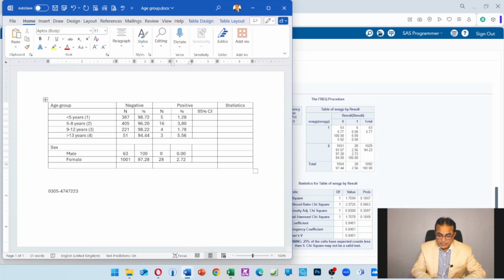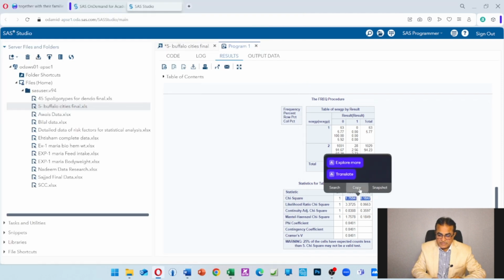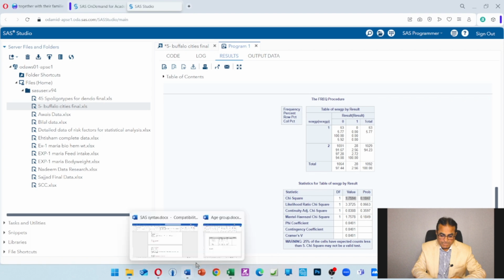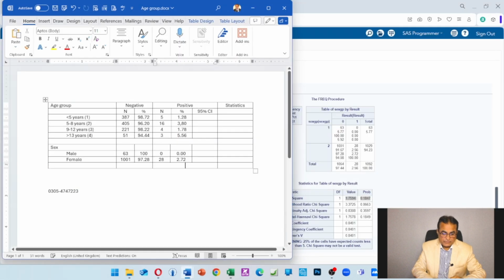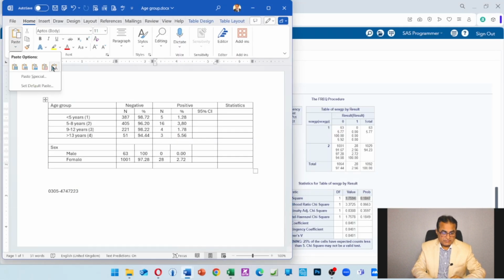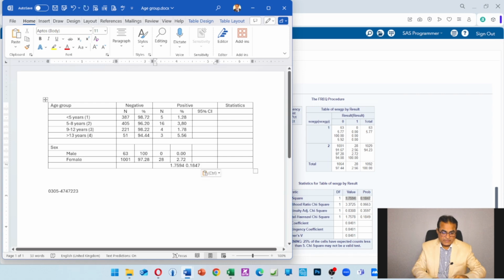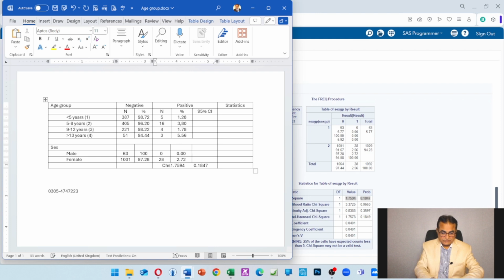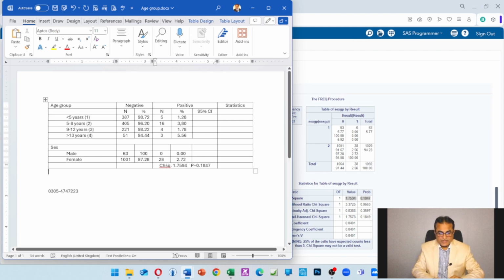You can put the chi-square value underneath, and this is the p-value. You can do the same for the other one, and write the p-value and chi-square value there as well.